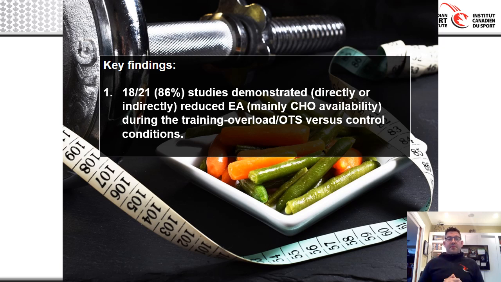In other words, some of these papers were around prior to REDS even existing or being coined as a term. And so it might make sense that perhaps the authors at that time didn't recognize that, in fact, by having a training overload without an increase in energy intake, it actually results in lowered energy availability, and therefore some or most of the cause of the outcomes of symptoms in these overtraining papers might actually be due to low energy availability, which again is the cause of REDS, not overtraining.